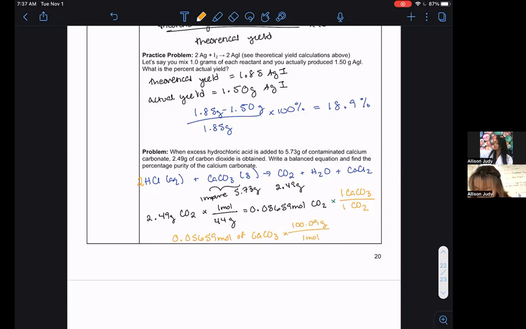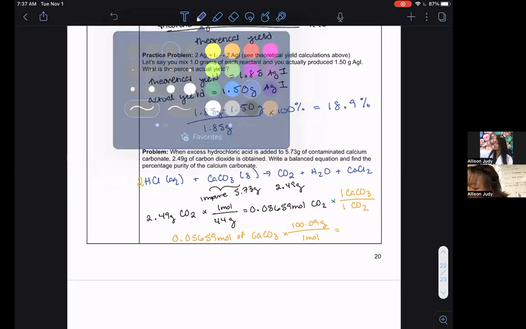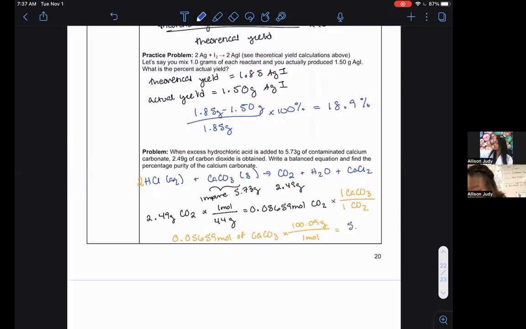And so it's times 100.09. And I get that, well, that means that 5.664 grams of pure calcium carbonate reacted.